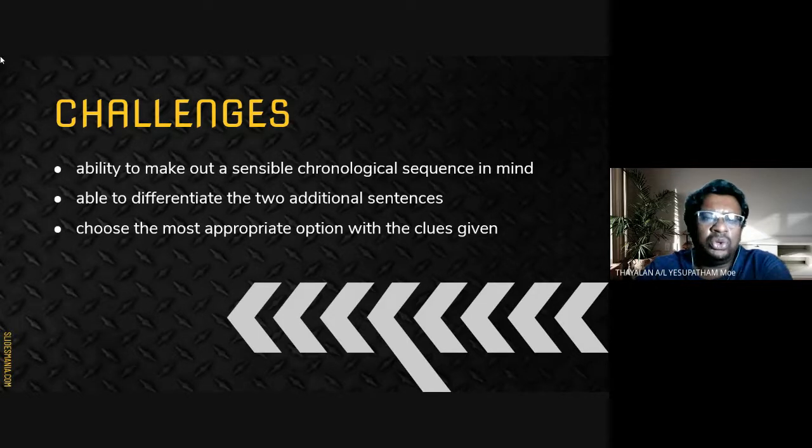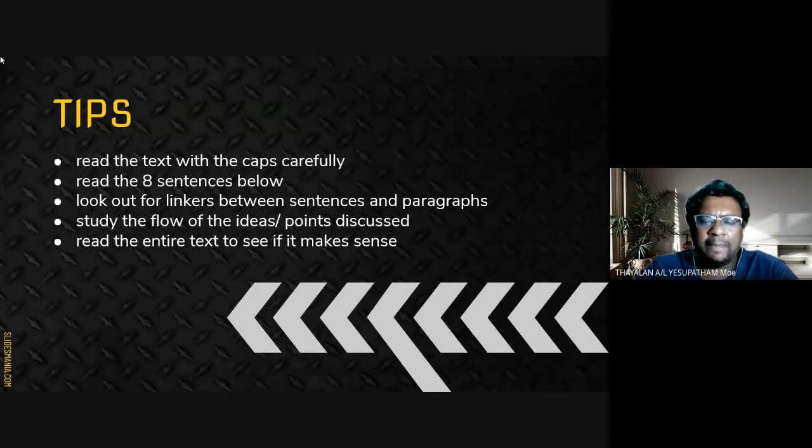Number two, you should be able to identify and pick out the other 2 additional sentences, differentiating them from the ones that befit the actual text. And then you must choose the most appropriate option with the clues given before and after the particular sentence. Here, it is not a phrase or a word or a clause, but an entire sentence being removed.